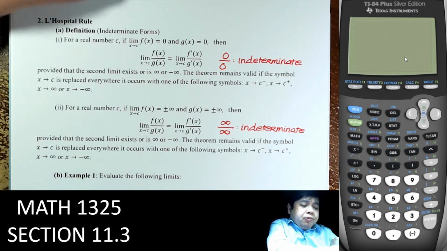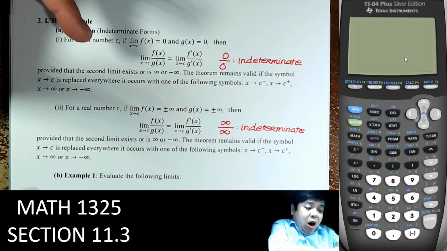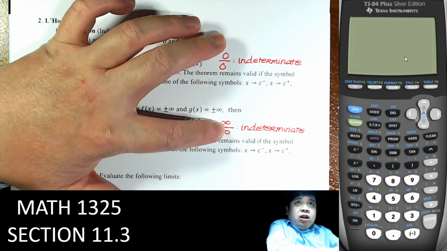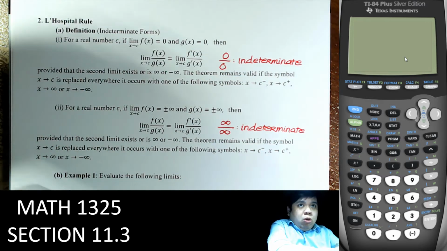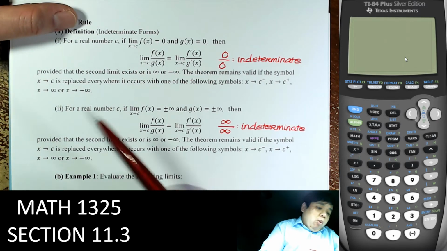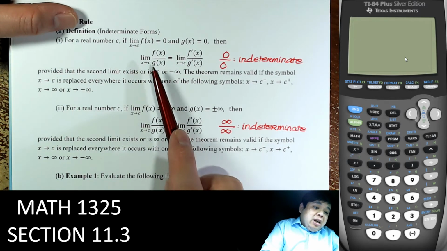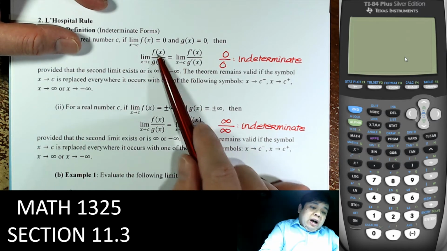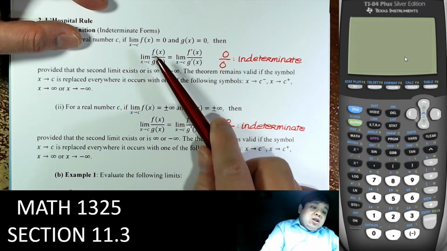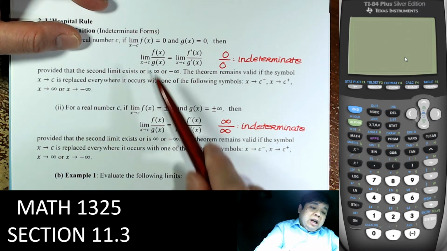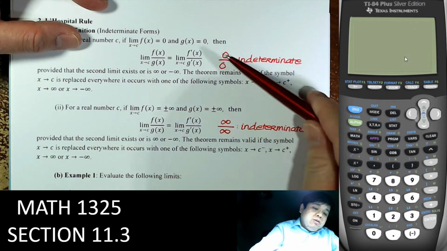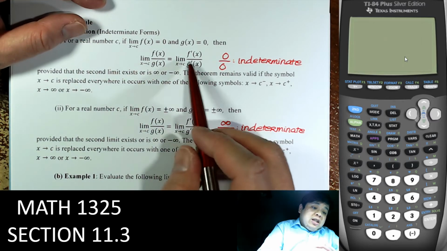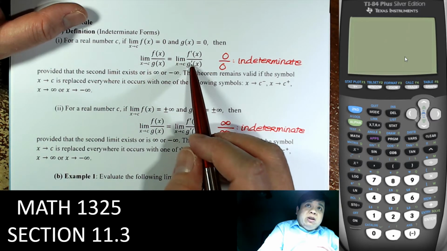So what is said in the L'Hopital rule, by the way, these two rules are the same. This is a different indeterminate form. So L'Hopital rule in general is saying that if the limit is in the indeterminate form, either 0 over 0 or infinity over infinity, then we can take derivative of the top and derivative of the bottom.